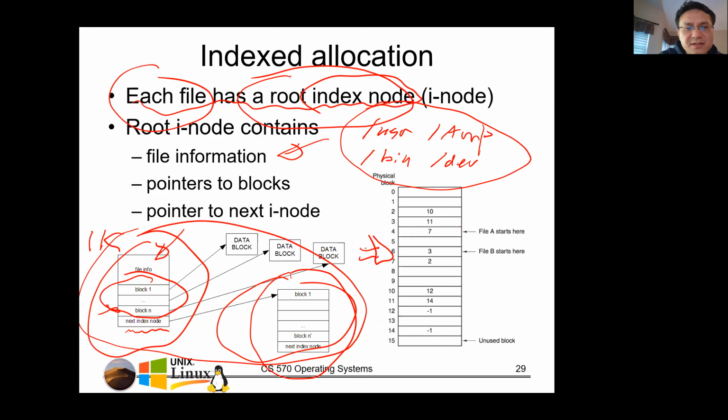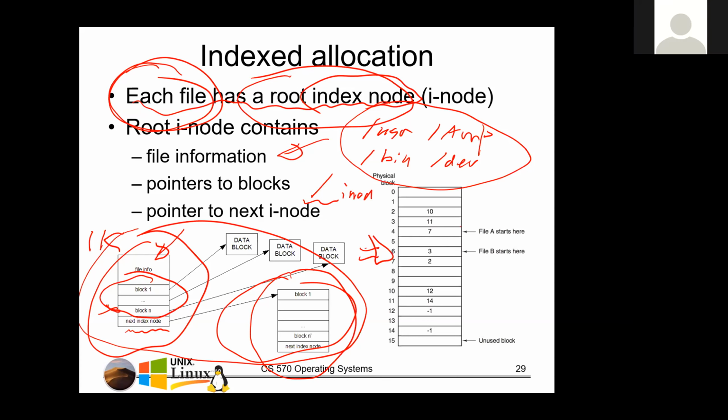The file system knows the root index node for each file. What I just talked about, the root directory under Unix, is essentially the forward slash. We know each directory is also a file. So for that root directory, its own root index node is inode 0.